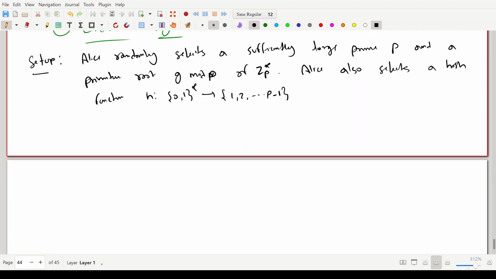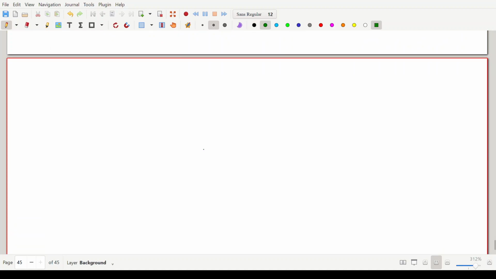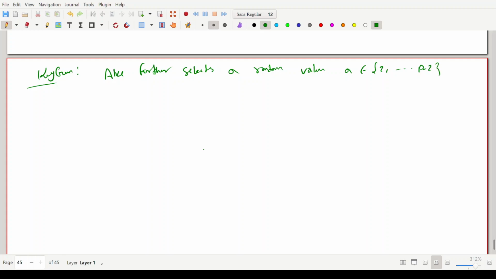Now let us see key generation. Alice further selects a random value small a which belongs to 2 to p minus 2 and computes this capital A, which is G raised to a modulo P. So the secret key is small a.